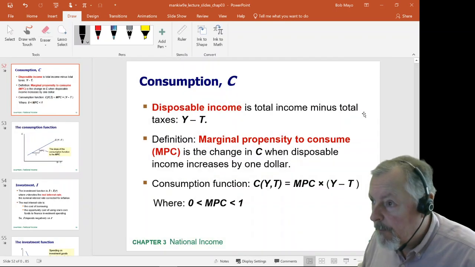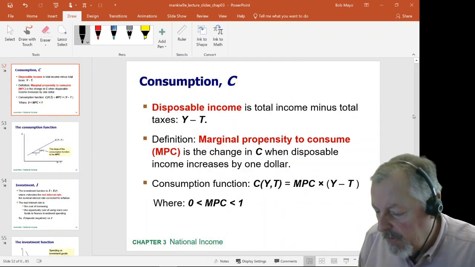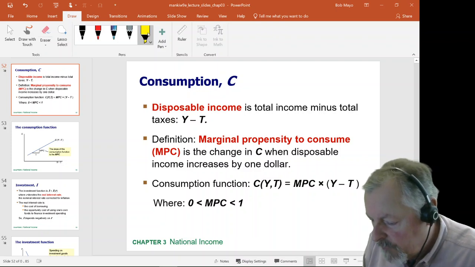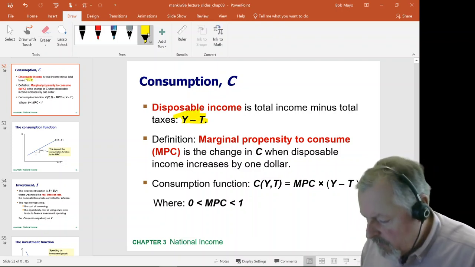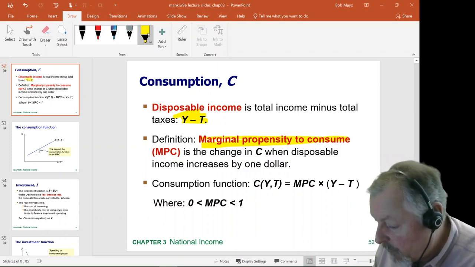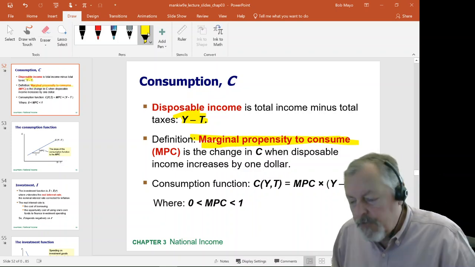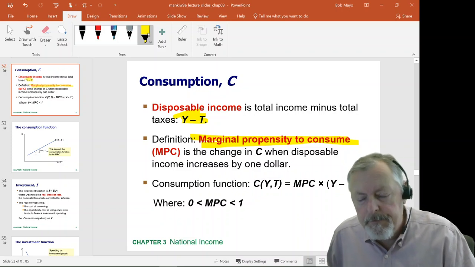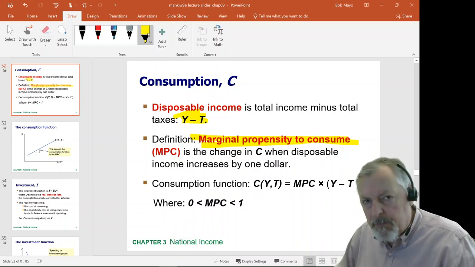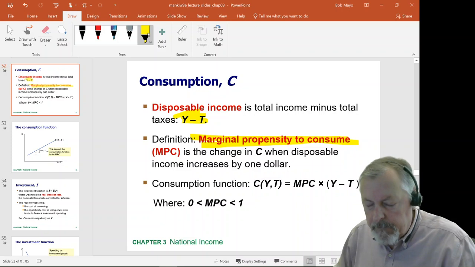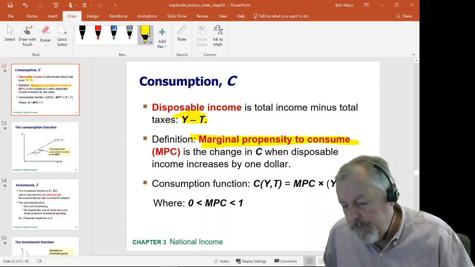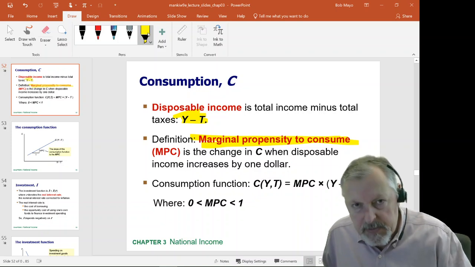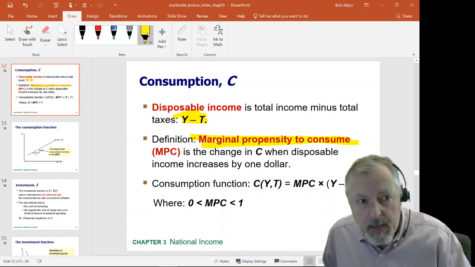Consumption. Disposable income is income minus taxes. And here's an important concept, a very important concept. The marginal propensity to consume. This is a number, usually between 0 and 1. It means if you increase disposable income by $1, how much will consumption go up?